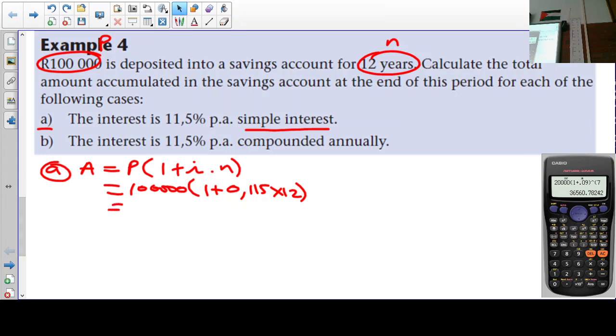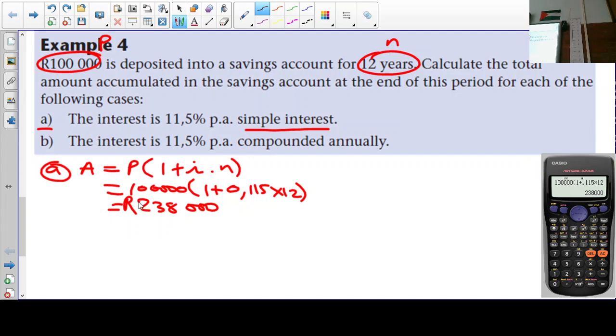Okay? So it's 100,000 into 1 plus 0,115 times 12. That gives you 238,000 straight. Any confusion here? No?